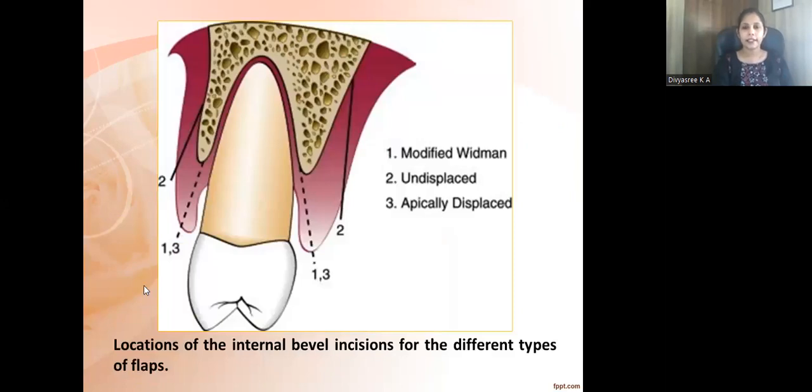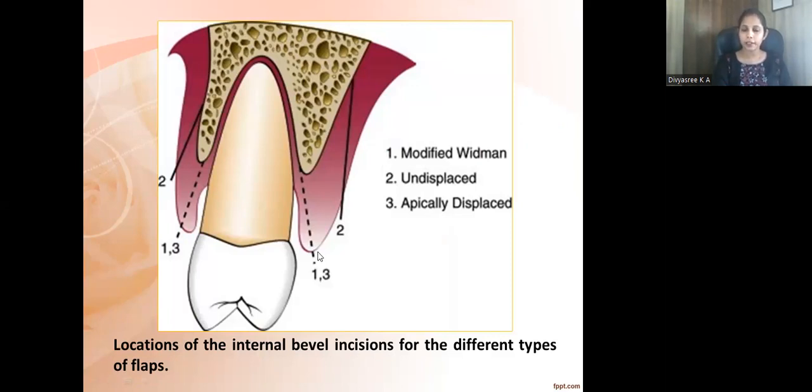Internal bevel incision can be placed at different levels or different angulations according to the situation, according to the surgery, according to the requirement. We can modify the angulation of internal bevel incision. In general, the internal bevel incision is done from a common point in case of surgeries like modified Widman as well as apically displaced flap surgery.